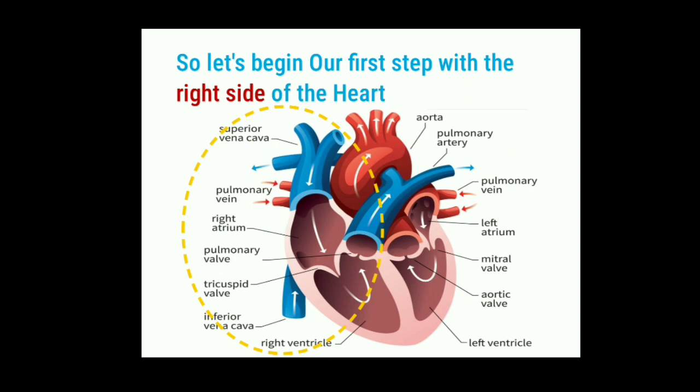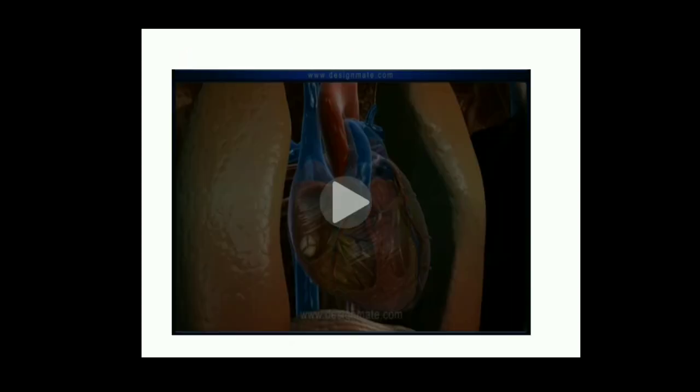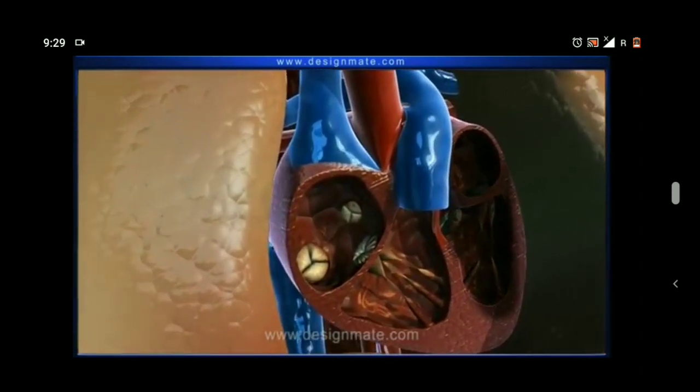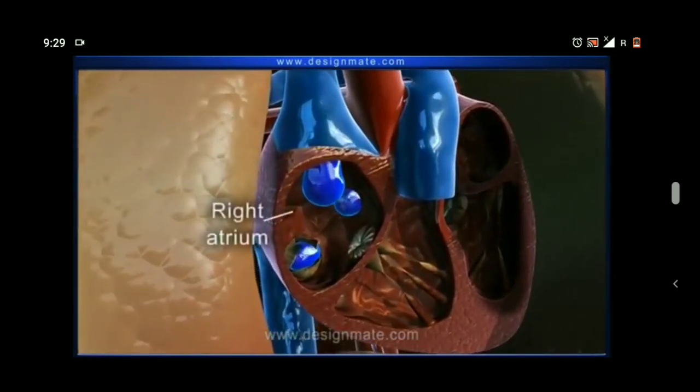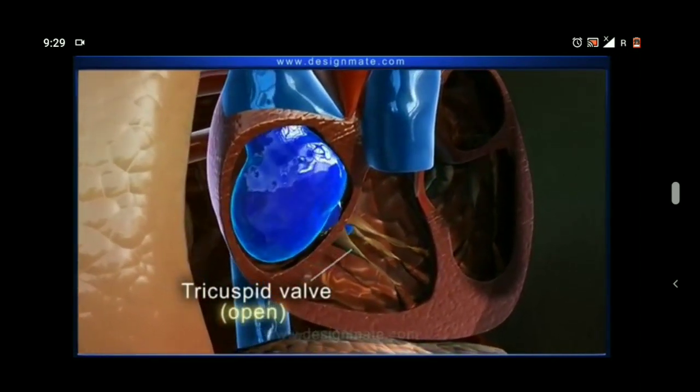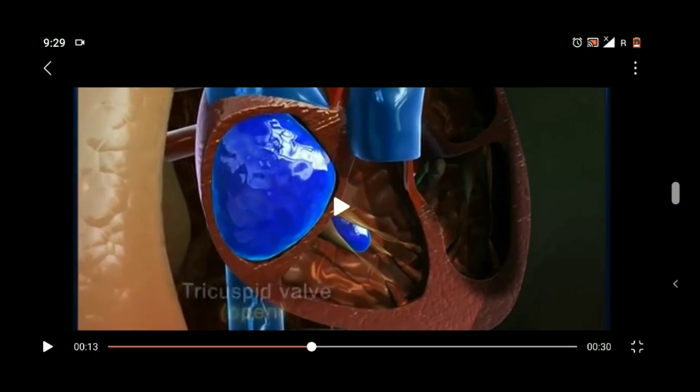The process begins with the superior and inferior vena cava, which bring the deoxygenated blood respectively from the upper and the lower side of our body. The vena cava opens into the right atrium. Then the deoxygenated blood enters into the right ventricle after crossing the tricuspid valve.